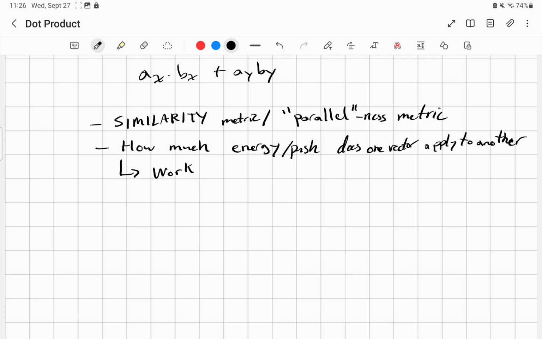Another example is, let's say you're swimming a certain direction, and the current is some other direction. You want to line up the direction you're swimming with the direction of the current.